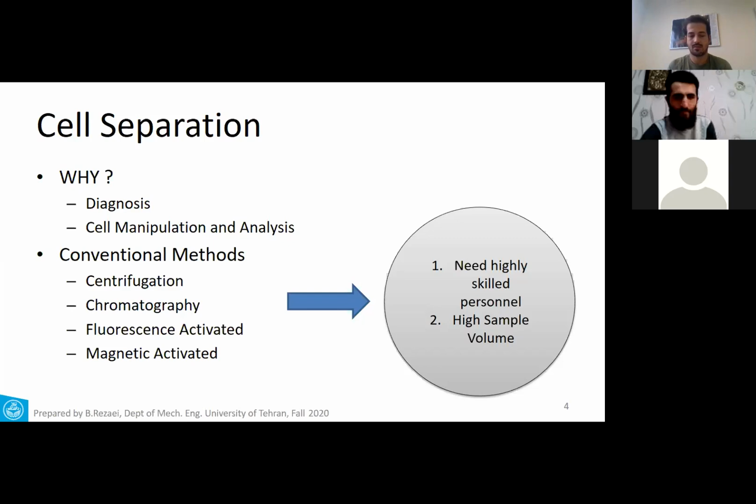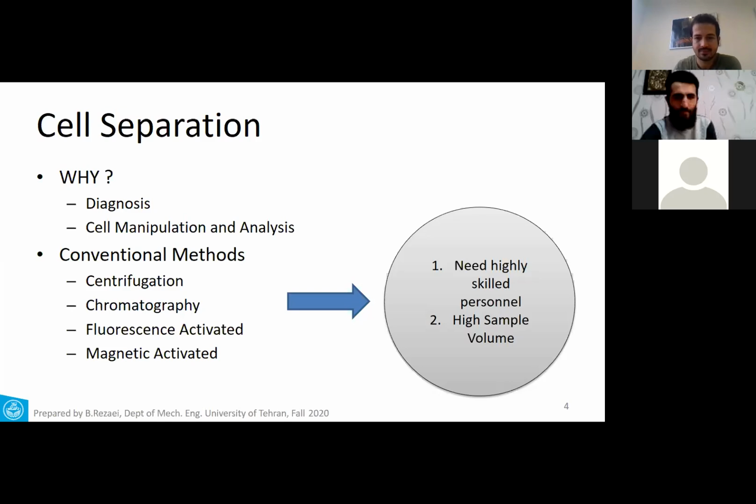And the other application of cell separation, which is very trending now in the biomedical field, is cell manipulation and analysis. There are a lot of examples. We want to isolate some sort of cells and manipulate them. For example, I think I told Mr. Orbani that I'm working on another project.